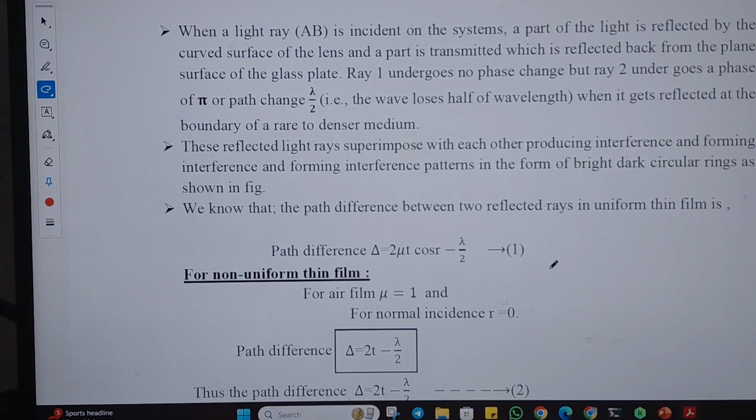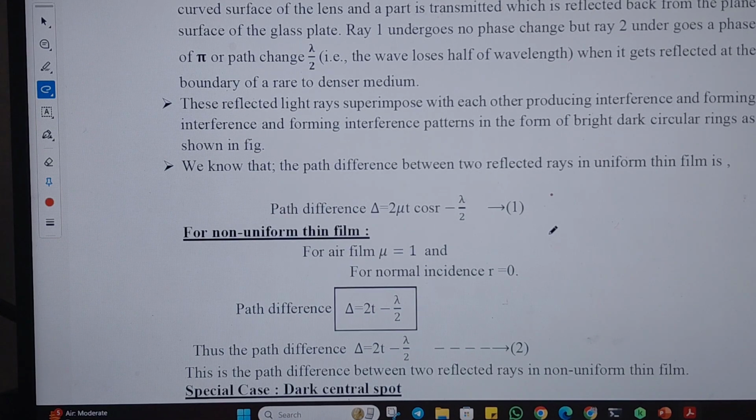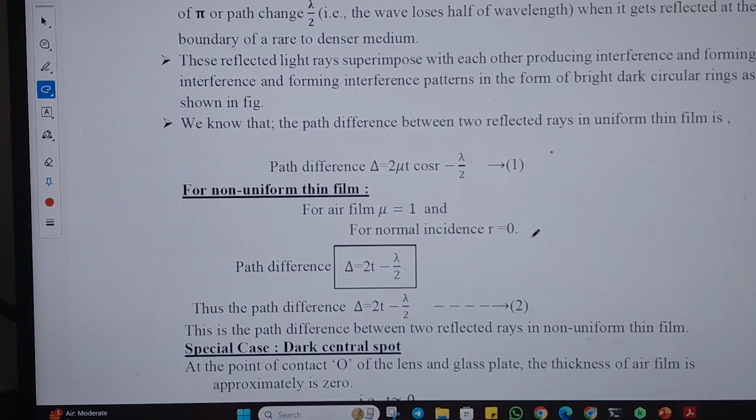Then coming to the calculation part, the equations of Newton's rings. Here it is the path difference. Based on parallel thin film, we already know the path difference delta equals 2 mu t cos r minus lambda by 2, for uniform thin films.